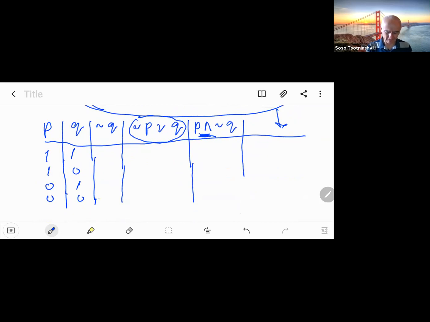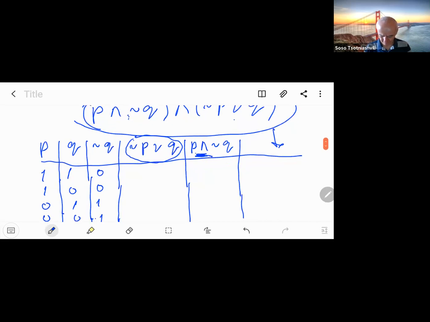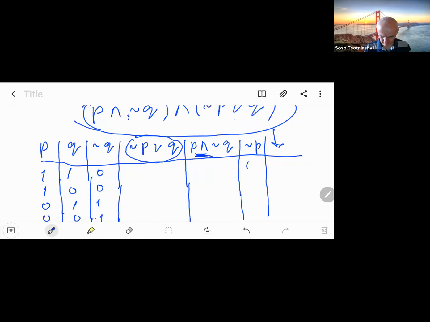Now not Q. Not P: here it is 0, 0, 1, 1.